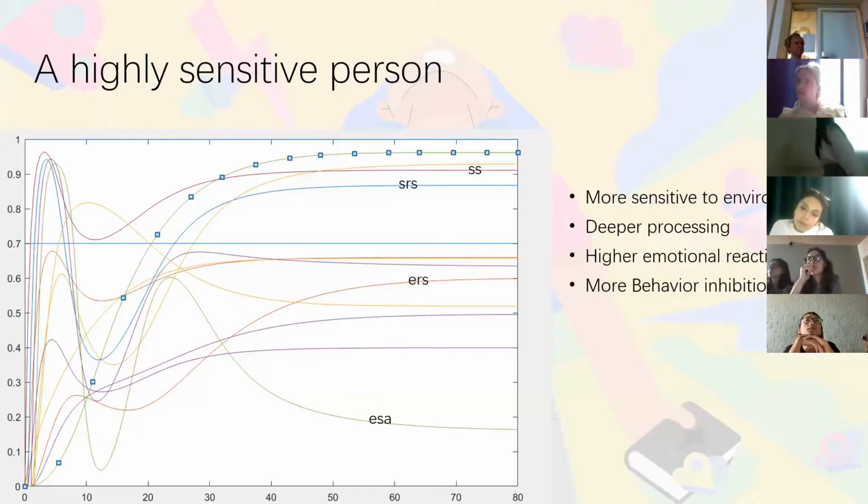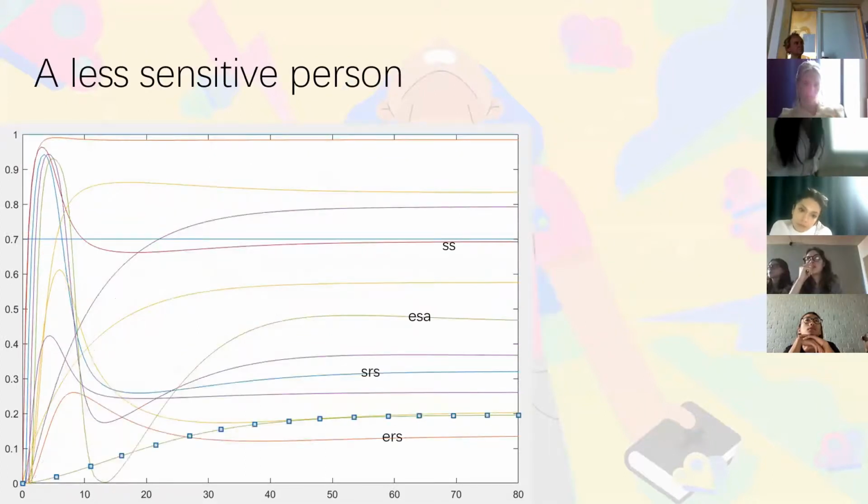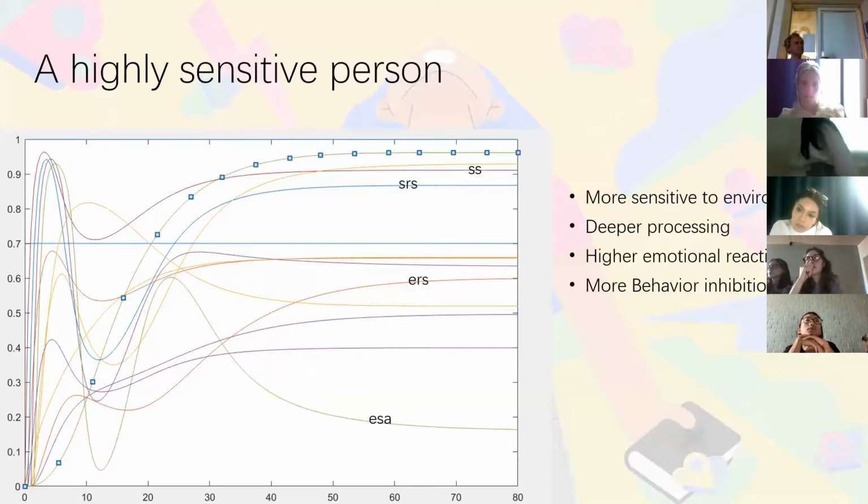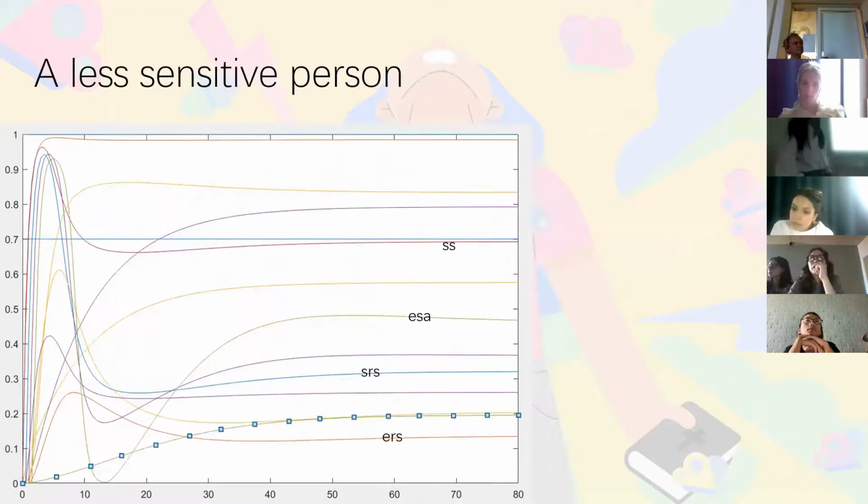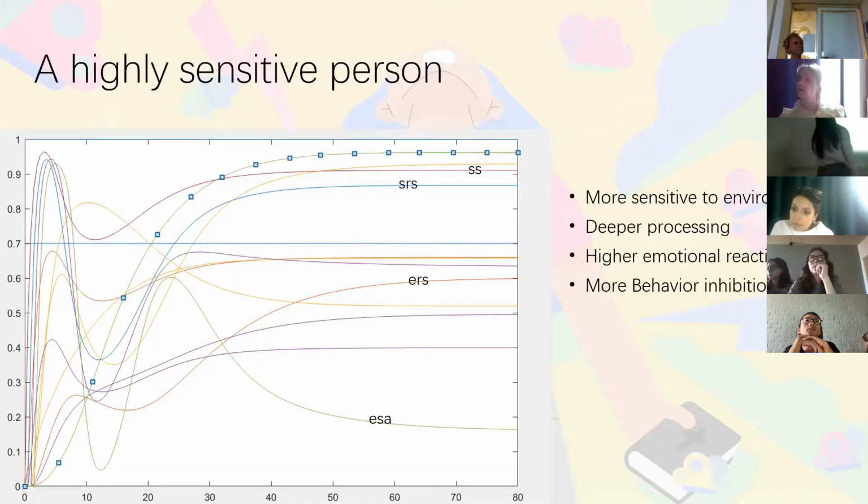And these are my simulation results. We can start from a highly sensitive person. This green line with the blue square represents the sensitivity level of this person. It's very high compared to this person, very low. We can also see the SS, the red line there, is the sensitivity to your environment. It's also very high.